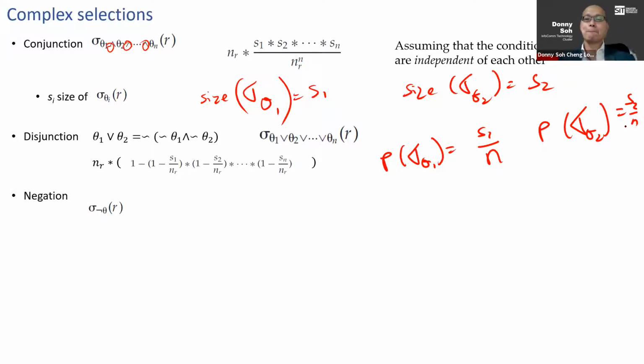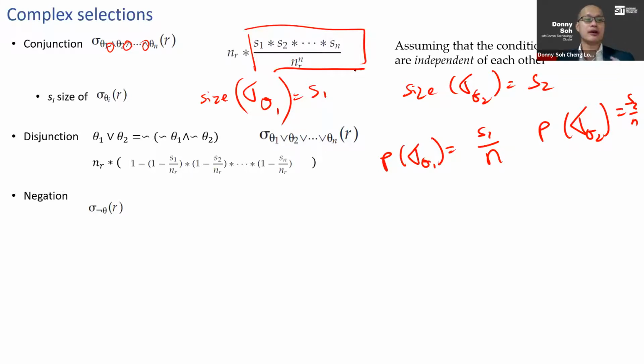And so on. And if we assume that all these conditions are independent, it means that we are able to multiply all these conditions together. And so what we are calculating over here is the probability of all the conditions occurring. Okay? So that is the probability of all of these conditions occurring.